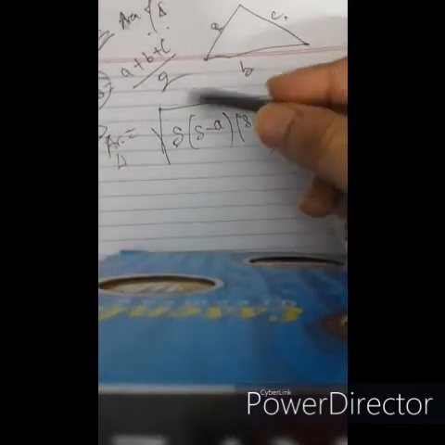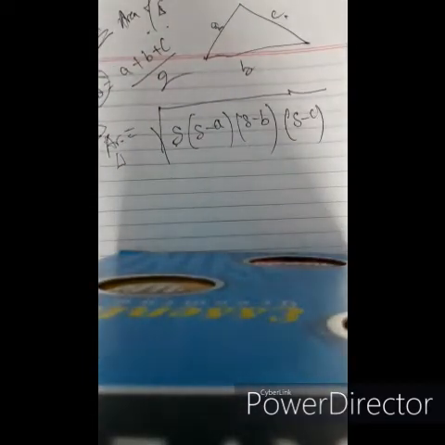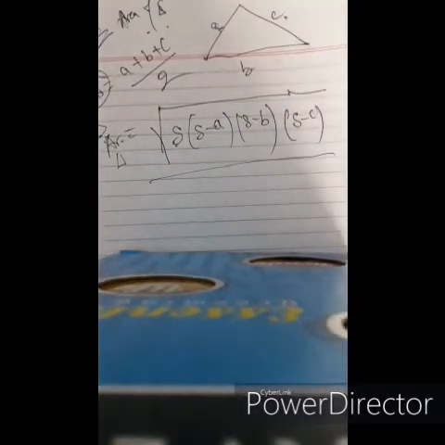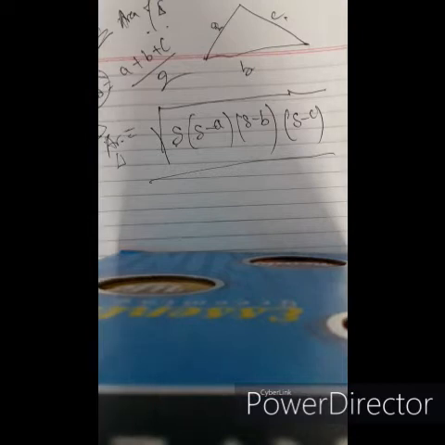Semi-perimeter into semi-perimeter minus the first side into semi-perimeter minus the second side into semi-perimeter minus the third side, whole root under. You have to remember this. If the three sides are given, you first find the semi-perimeter and substitute in the formula to find the area of a triangle by Hero's formula.